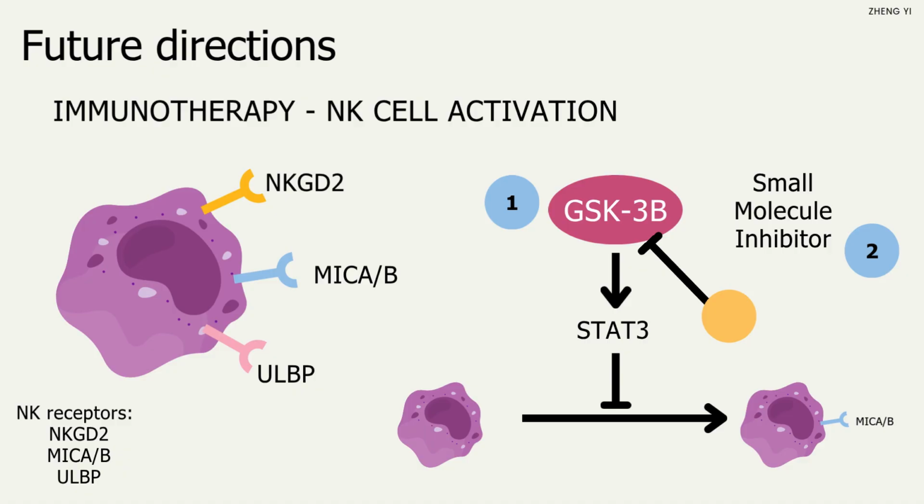GSK-3 beta normally activates the STAT3 pathway, which inhibits the upregulation of MIC-A and MIC-B NK receptors. By using small GSK-3 beta inhibitors, we aim to inhibit GSK-3 beta and therefore inactivate the STAT3 pathway, which allows the NK cells to upregulate the MIC-A and MIC-B receptors.